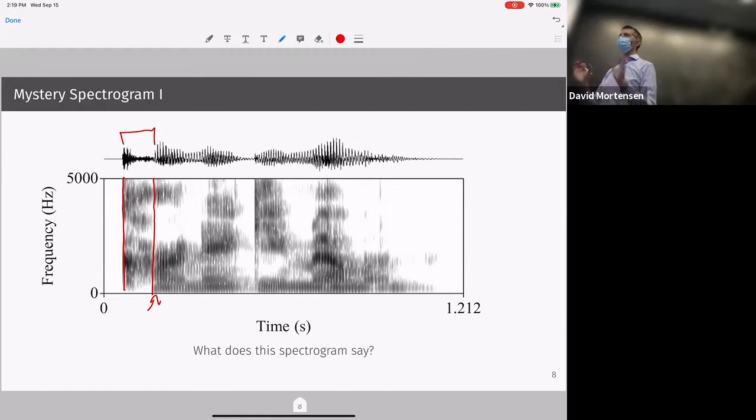So what kind of sound has that characteristic? What would that correspond to? Articulation? So it's an aspirated plosive, right? You have a closure here, and then you have release, aspiration, and then voice onset over here.